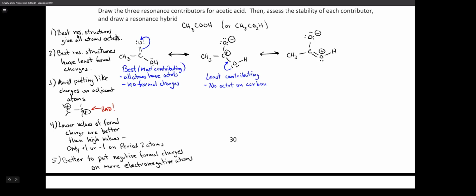It's much more important that all atoms have octets. So this one on the right is better than this one, even though it's got a positive charge on the oxygen, because every atom has an octet. That is the most important thing. So this is the least important consideration of all the others.